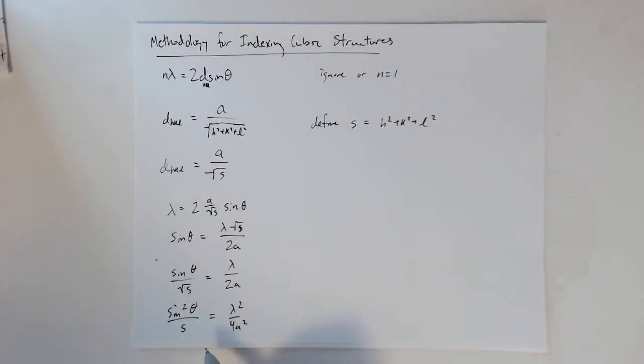All right, so the important thing to note about this part is the left side here with the sine squared theta over s. This is basically everything related to the experiment: the angle and the values of h, k, and l. So that will depend on the given peak.